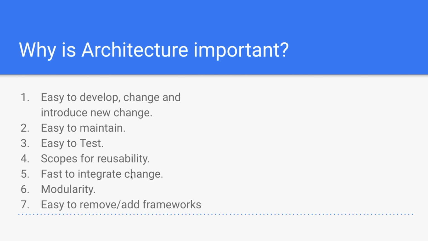The change will take a lot of time, and it's not just the coding time; time will also go into testing, regression testing, a lot of things will come into the picture. So that's not a perfect architecture example, right?